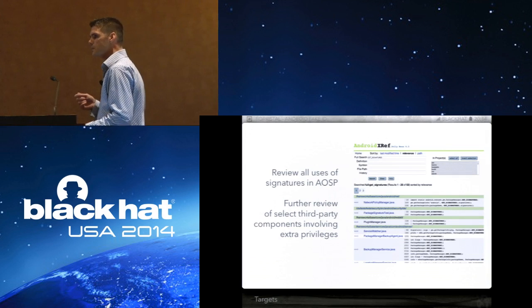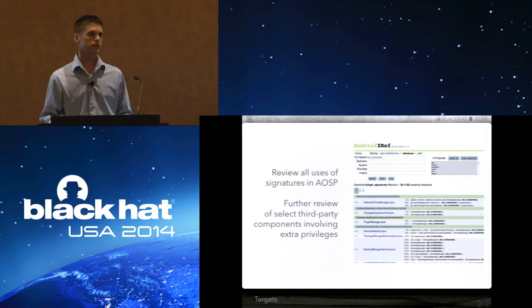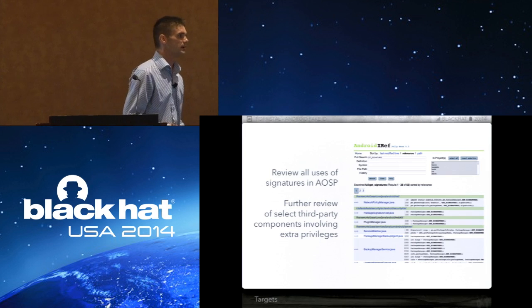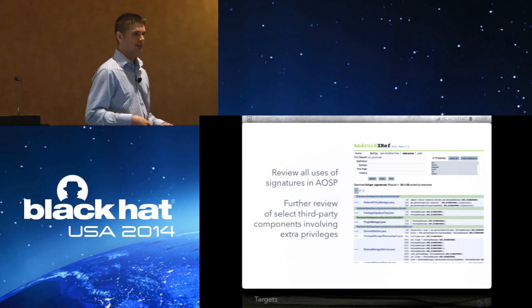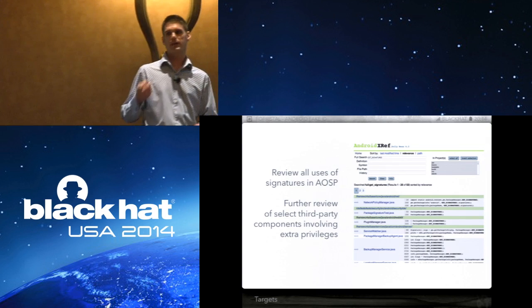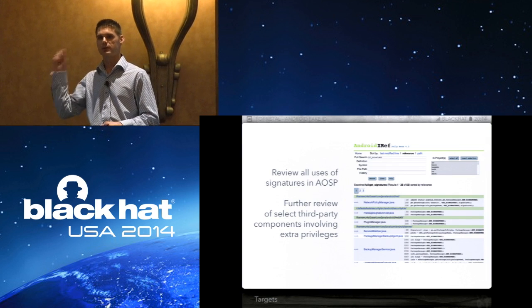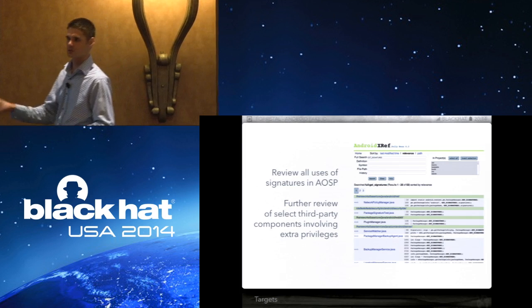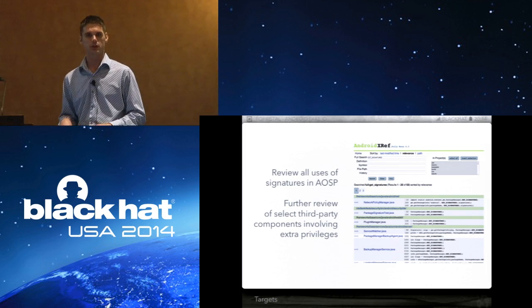So what we wound up doing is going through the entire AOSP code base, basically doing a fine grep for every piece of code that does anything with an application signature, and then reviewing every single one. It's kind of like a manual source code review of every use of signatures on Android.